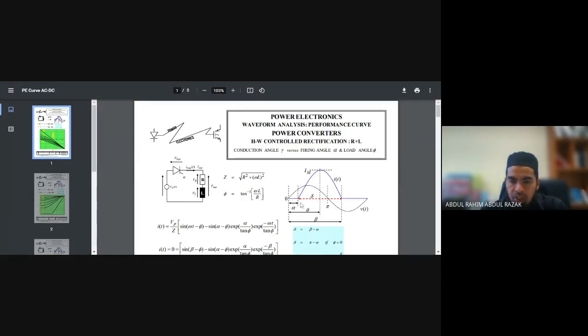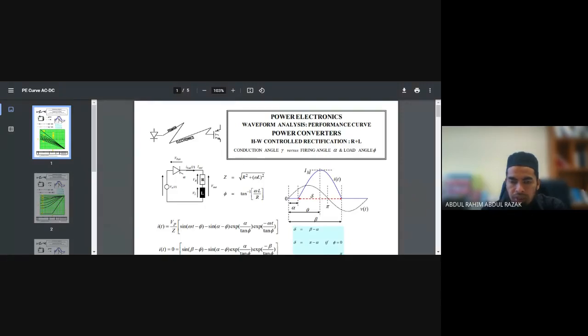Okay, alpha represents your triggering angle. For a diode, your alpha is 0. And our concern now is the beta, which is the extinction angle.